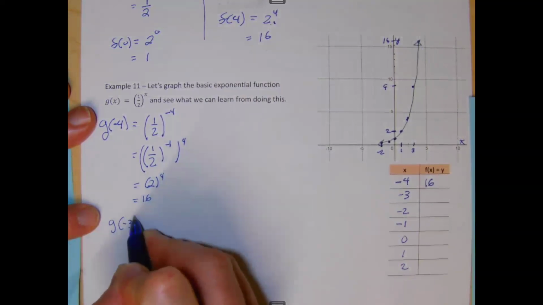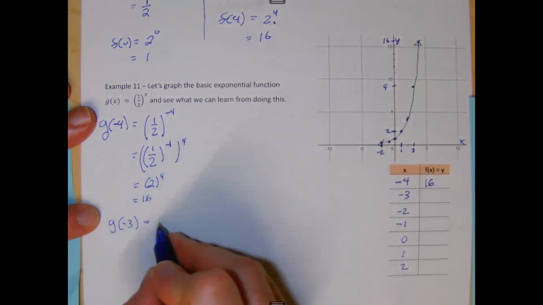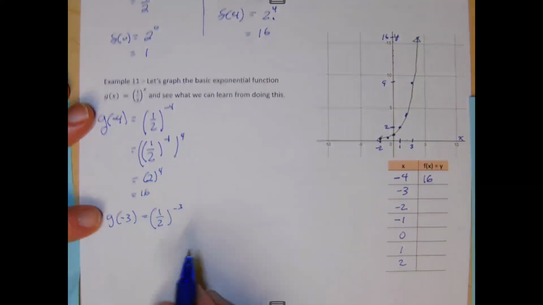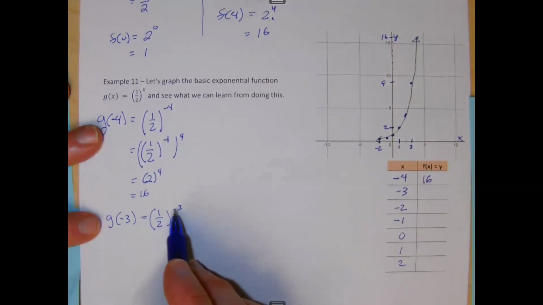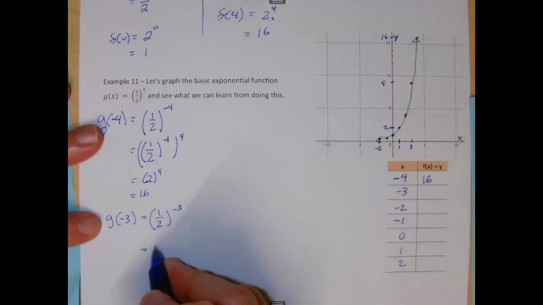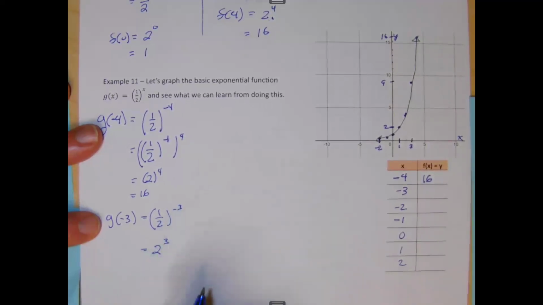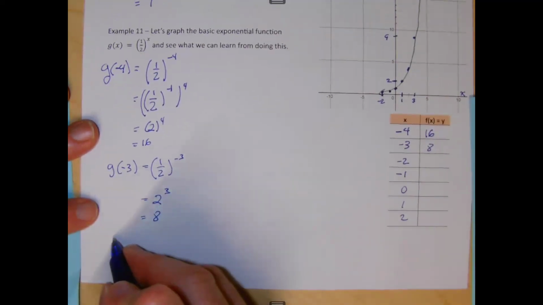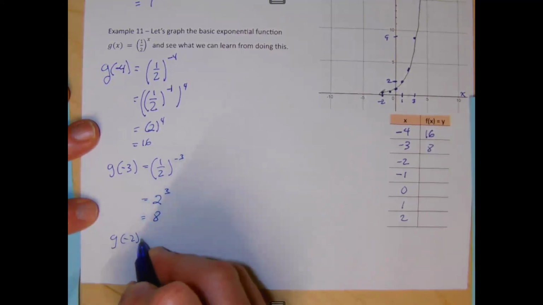If I keep going in the same fashion, g of -3. No, I'm not going to do that whole spiel again. But what I do know is, if I apply the negative, I get 2, leaving me 2 to the 3rd. And I already know that 2 times 2 times 2 is 8. And keep going in this fashion. g of -2.